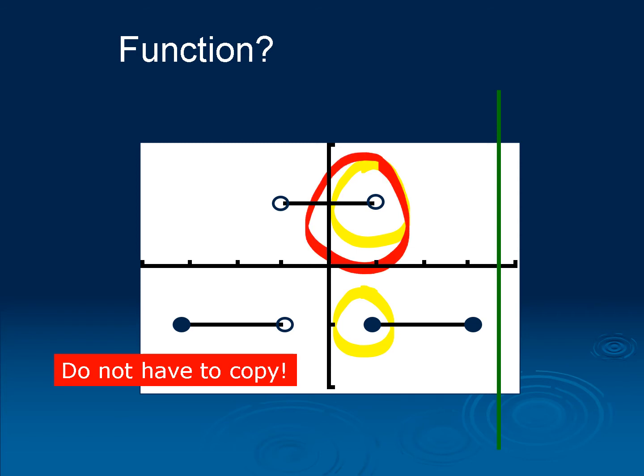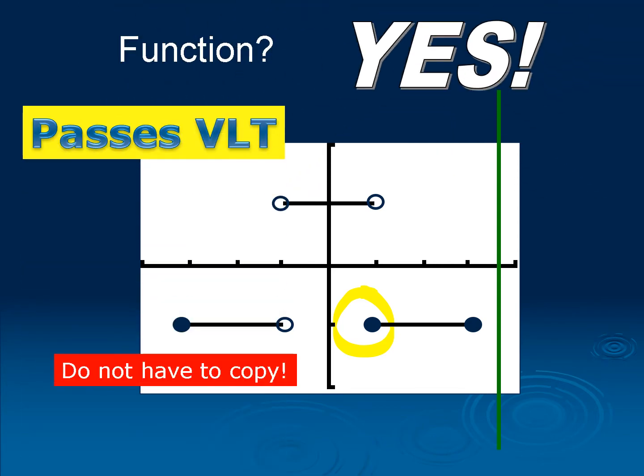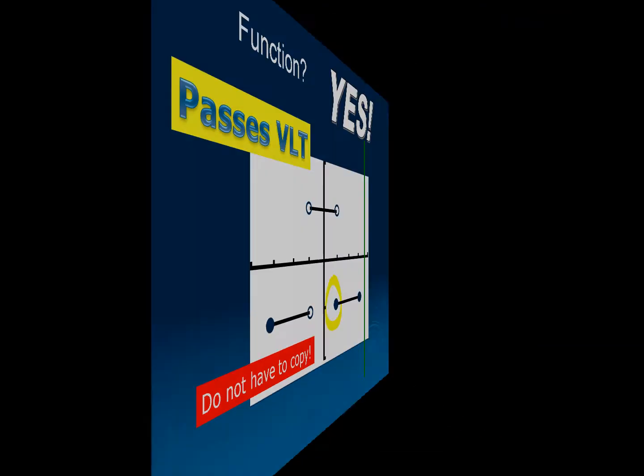So this guy has an open circle, meaning it goes to that point, but it does not include that point. Think about your inequalities when you graphed one variable inequalities and you'd use an open circle versus a closed circle. So the open circle means we don't count that point, but the closed circle does. So he does not count as a point. So that's why it passes the vertical line test.